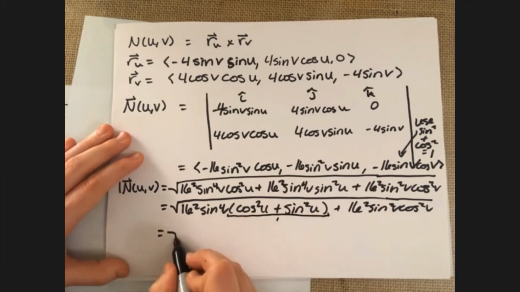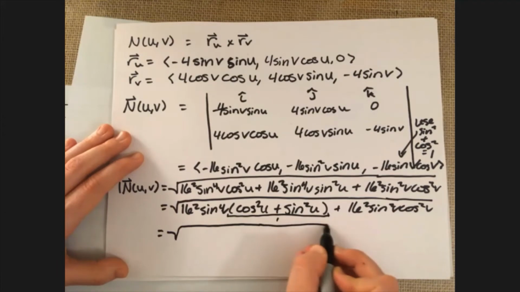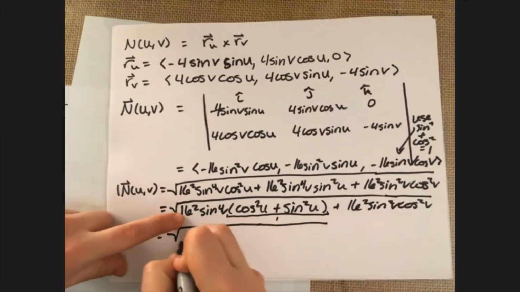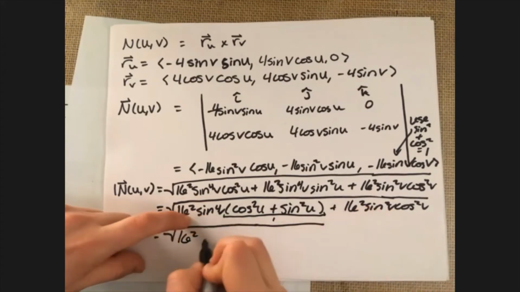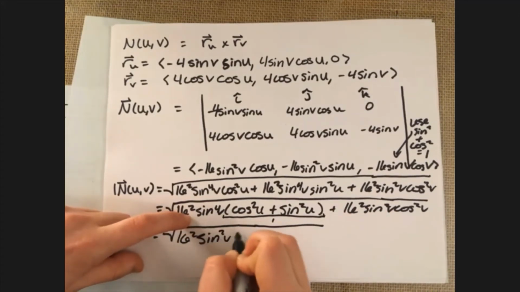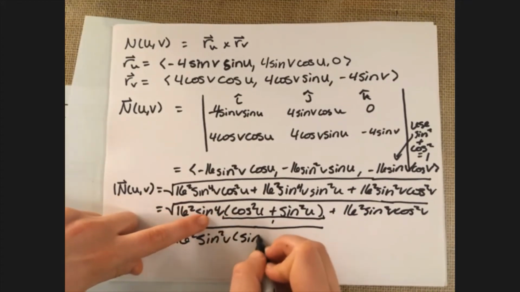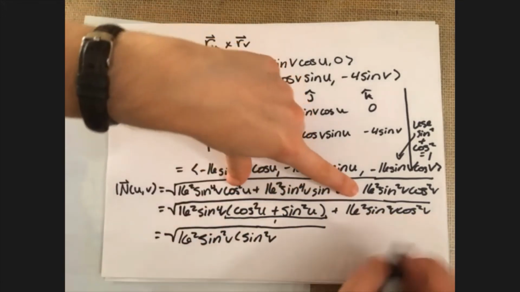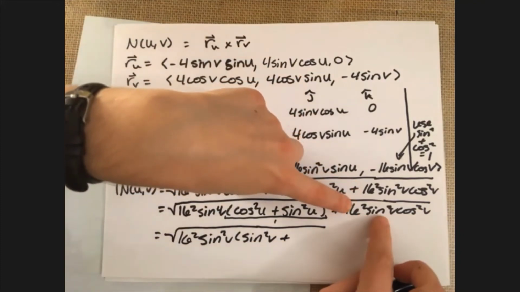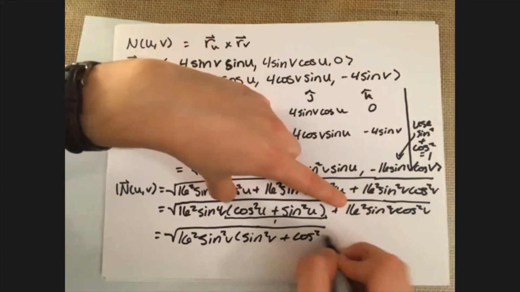And guess what? I get to do this again because I have a 16 squared, and then I have a sine squared inside of here and a sine squared right there. So I have a sine squared v. This leaves behind sine squared v. This piece is just 1, so we don't really care about it anymore. And then after we pull out the 16 sine squared, I'm just left with cosine squared.